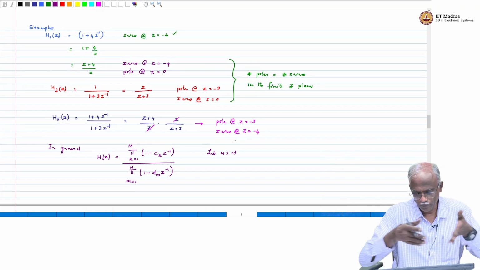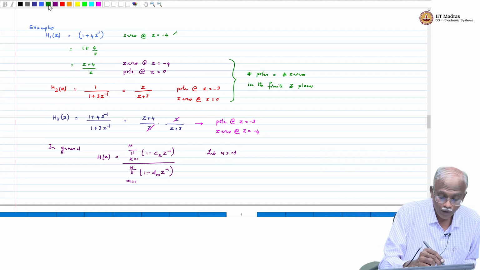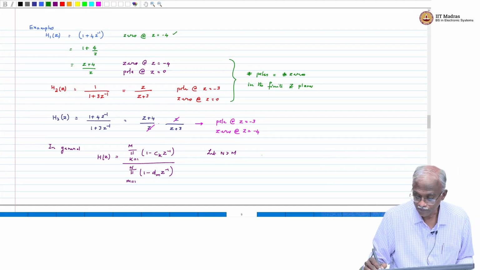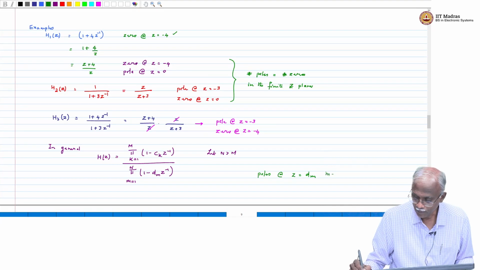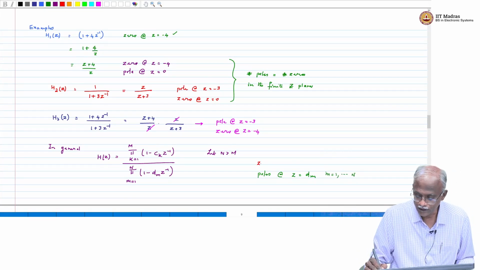The denominator polynomial is of a higher order than the numerator polynomial. Now, how do we write down the zeros here? First of all, let's write down the poles. The poles are at Z equal to dm, m equal to 1 all the way through n. Now let's look at the zeros. The zeros are at Z equal to ck, k equal to 1 through m.